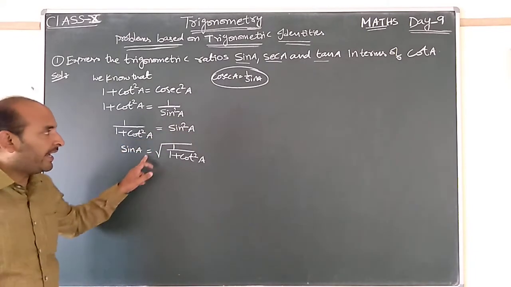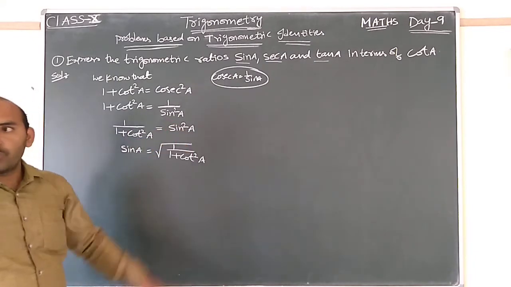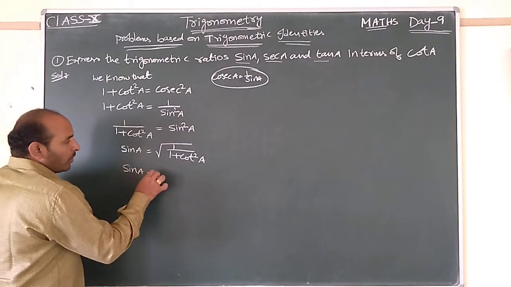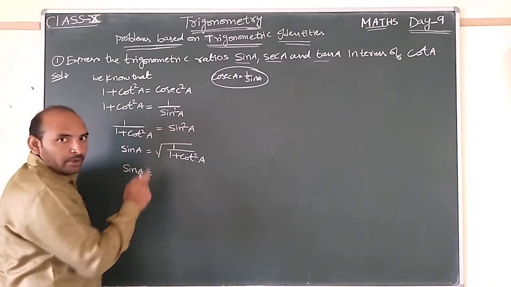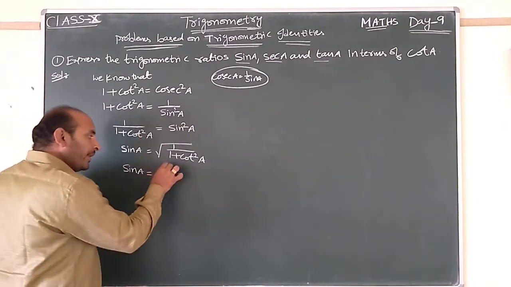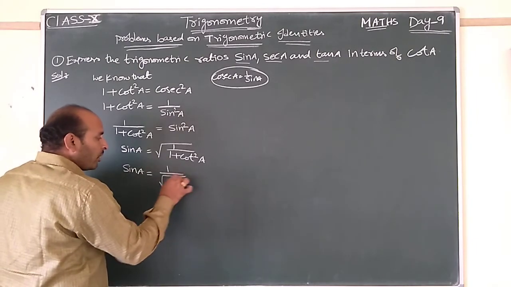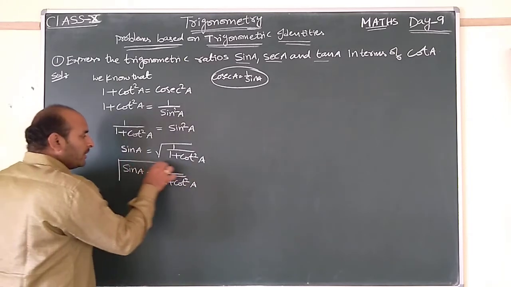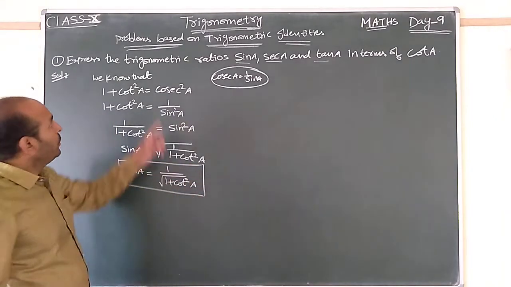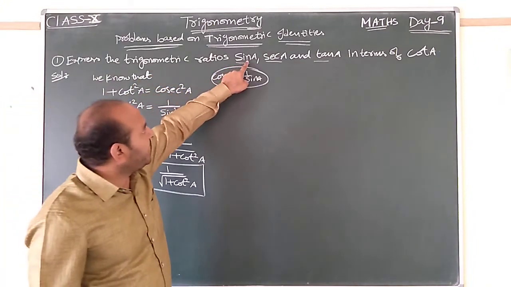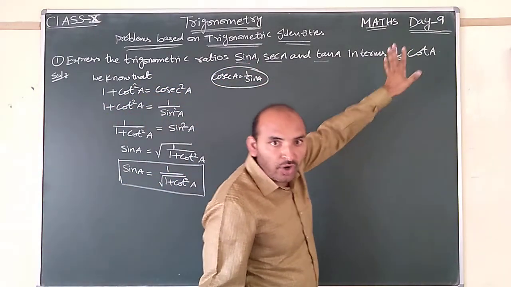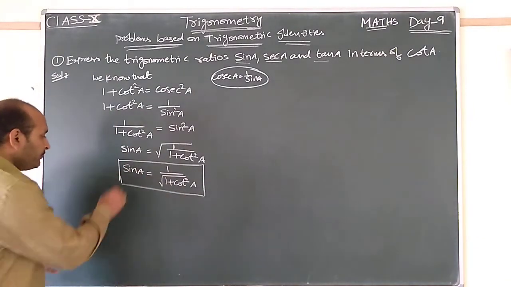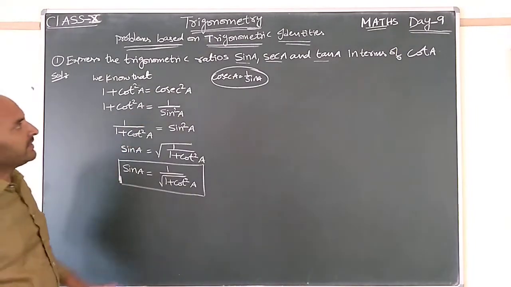I want only sin A, so taking the square root, it is root of 1 divided by 1 plus cot square A. Applying the root to numerator and denominator, root 1 is 1, divided by root of 1 plus cot square A. Remember, we have to express the ratio sin A in terms of cot A. So sin A is equal to 1 divided by root of 1 plus cot square A. This is sin.